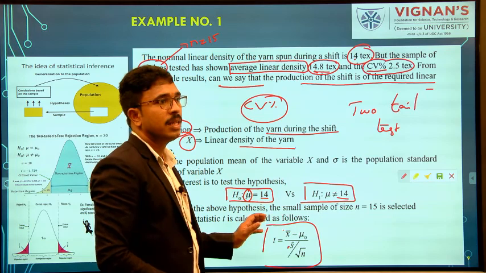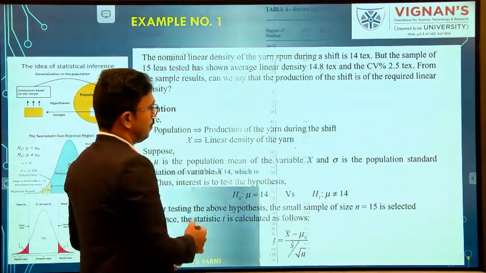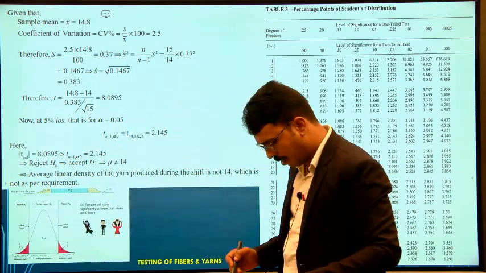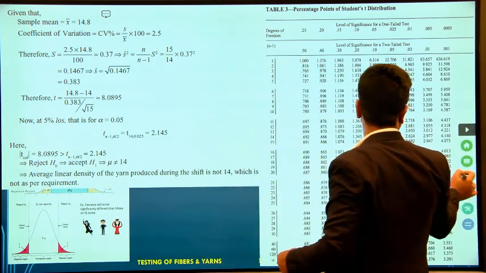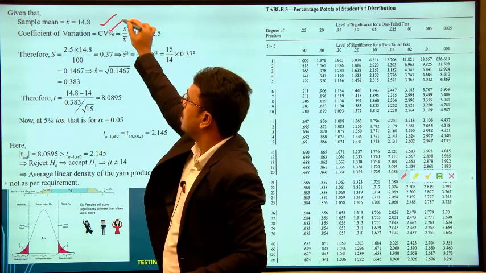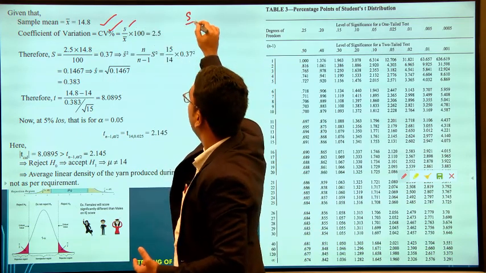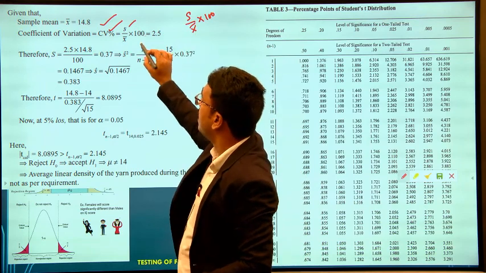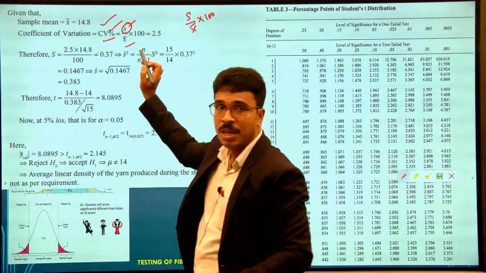So after substituting all the values, we are going to get this T statistic, that is the T calculated value. Now, what information is there with us? We have the sample mean and the CV percentage. From the CV there is a formula: standard deviation by mean into 100. The standard deviation we don't know, but we know the CV percentage and we know the X bar.